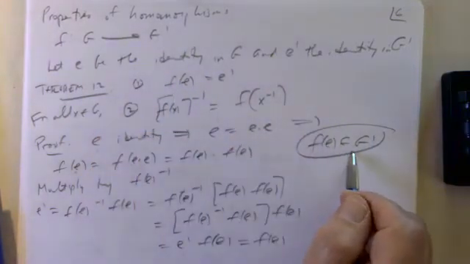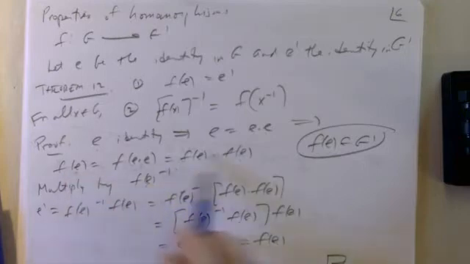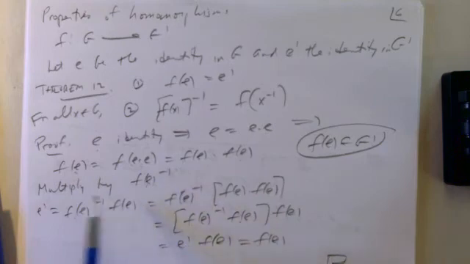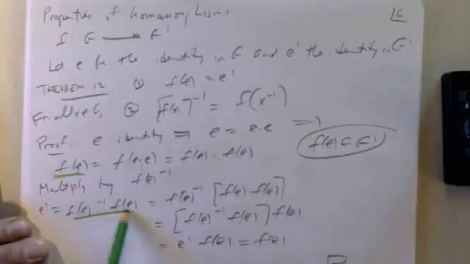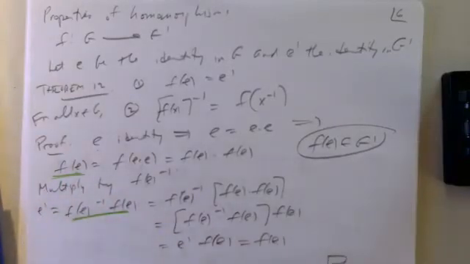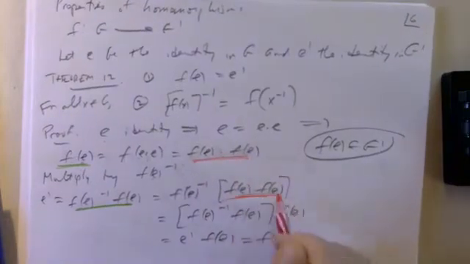And everything in a group has an inverse. So F of E inverse is the inverse of F of E. I take this equation and multiply it on the left by F of E inverse. So I get F of E inverse times F of E. F of E inverse times F of E, that's this. But that's the same as F of E inverse times this, because they're equal.